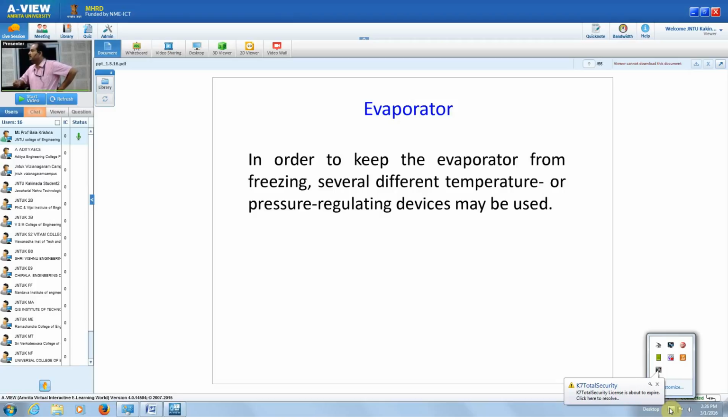There is no question of flow in the tubes. Maybe the refrigerant may also freeze. It becomes ice. Then there is no movement, and the system totally fails.